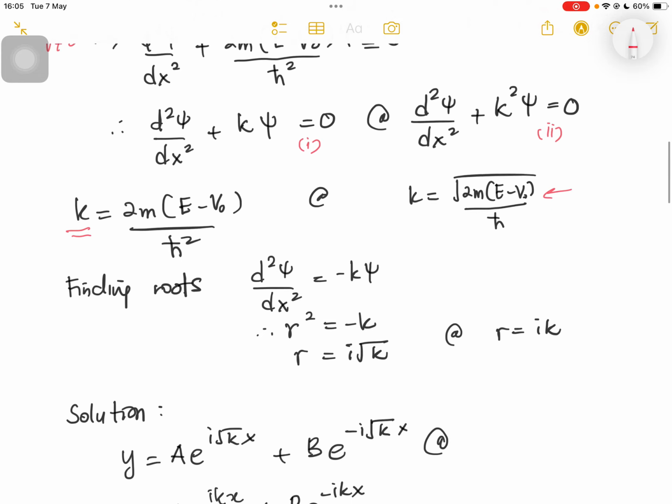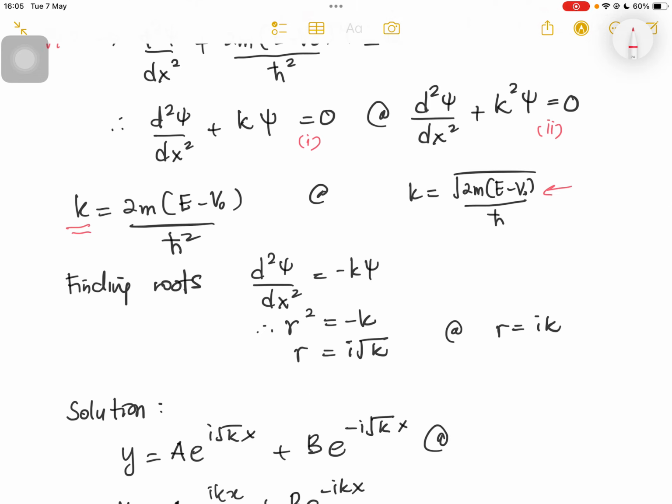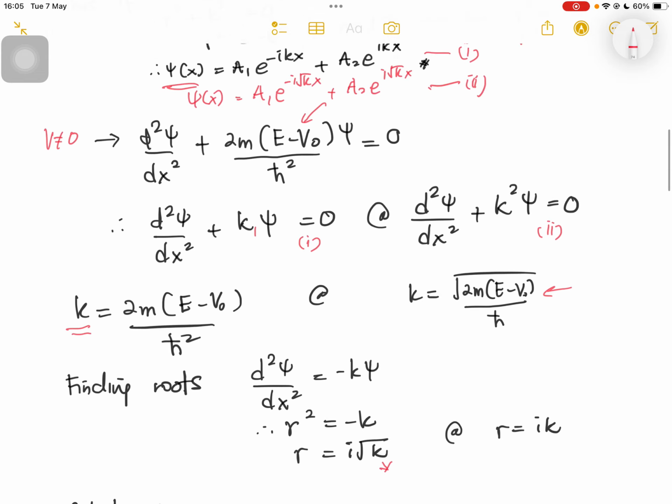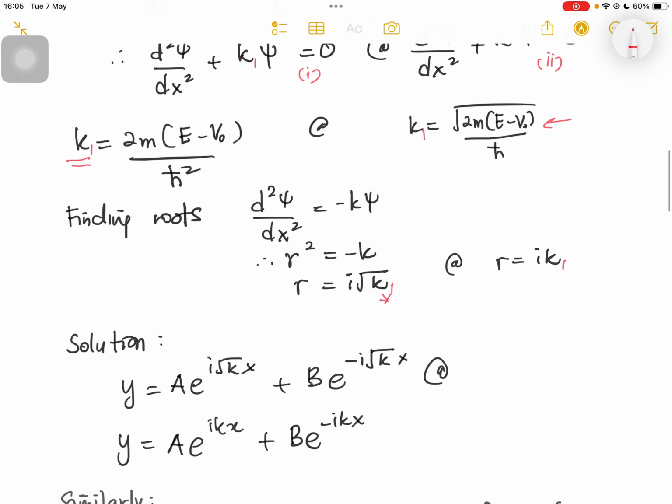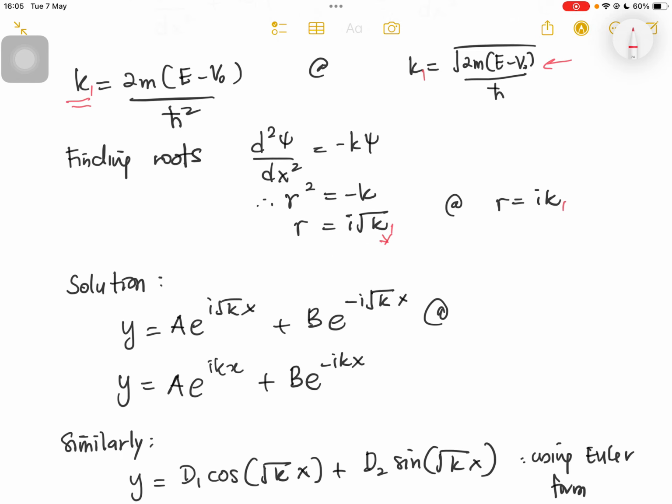Okay, so in this case, if you're finding the roots, now your k here, maybe I put k1 having V. Alright, so again your solutions are either this or this.